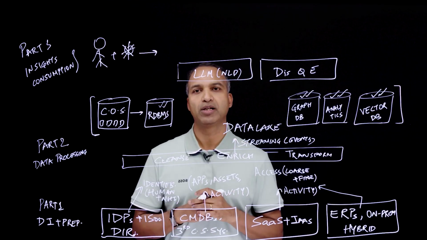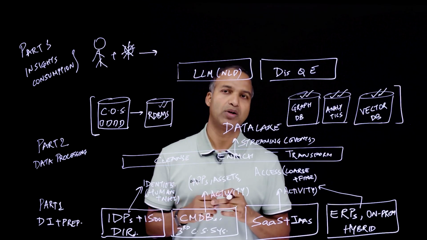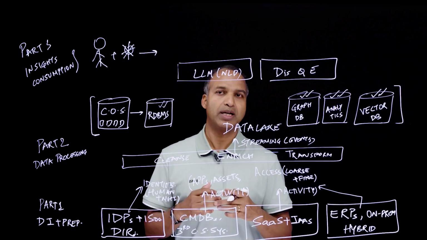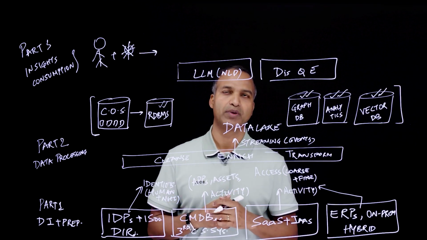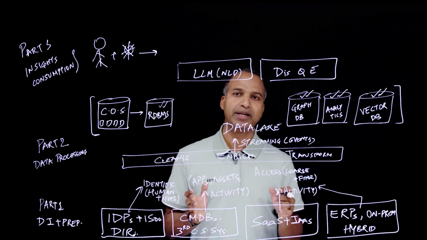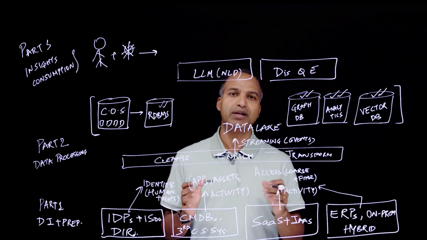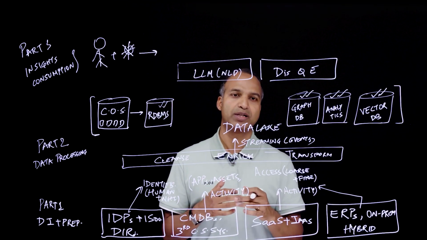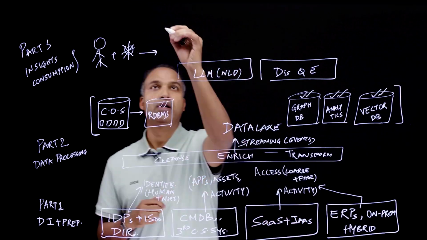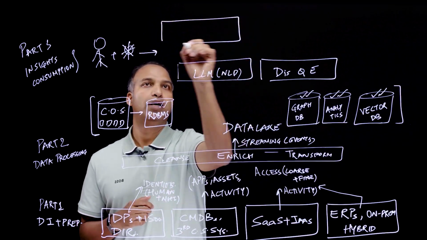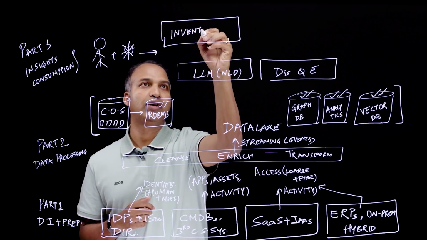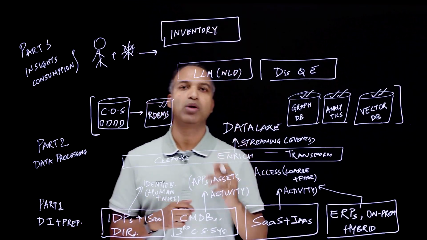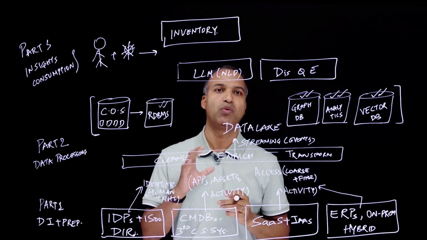And this concludes the third part of my architecture: you have the insights, and you consume them in a very easy, simple manner. Now, as I explained this whole architecture, the benefits any enterprise gets from this platform are four. Number one, they build an inventory of all their identities, all their assets, all their applications in one single place.